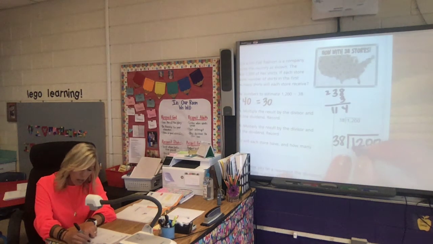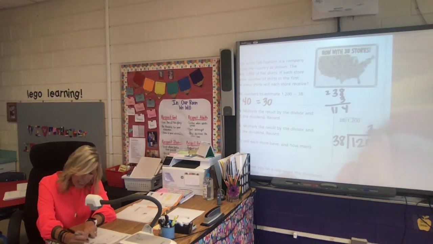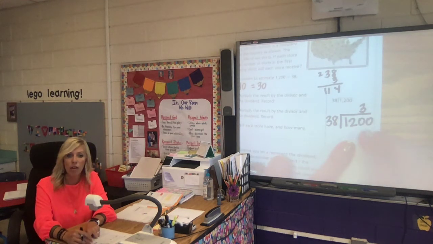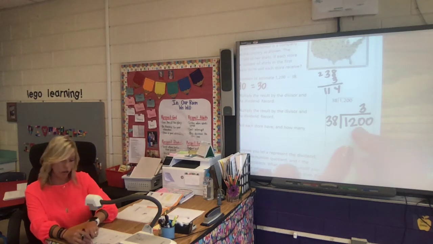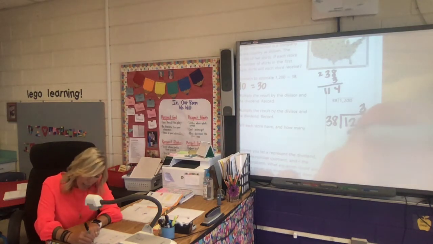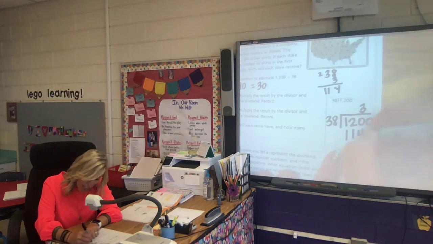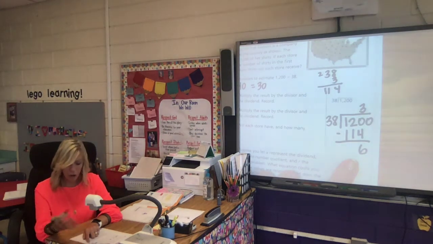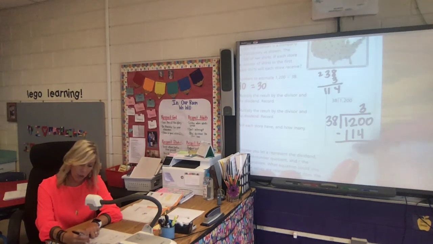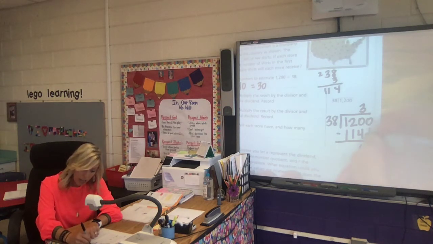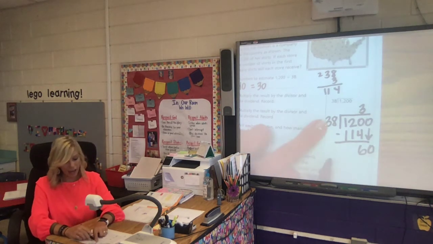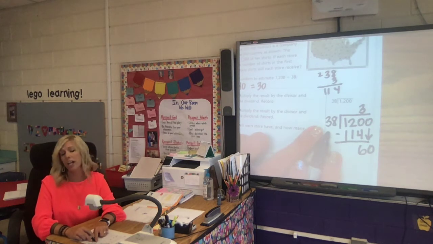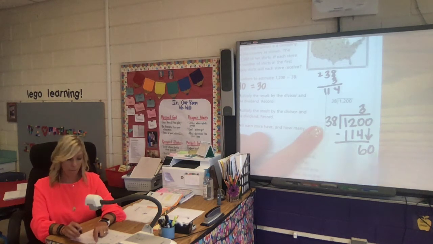38 will go into 120 three times. So do you see that I put my 3 over that first 0 to represent it going into 120? 3 times 38 is 114. We're going to subtract. I know that's 6. After I subtract, I bring it on down. 38 is almost 40.